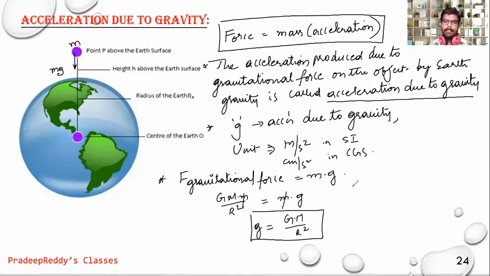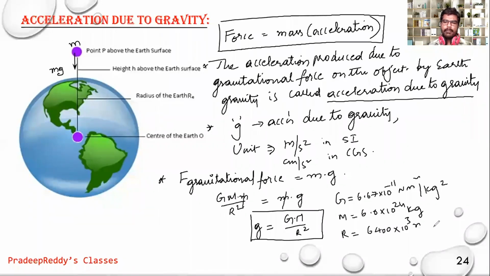Usually G is constant. It is 6.67 into 10 power minus 11 Newton meter square per kg square. That is a universal constant. And M is the mass of the earth. It is nearly 6.0 into 10 power 24 kg. And the radius of the earth is 6400 into 10 power 3 meter.